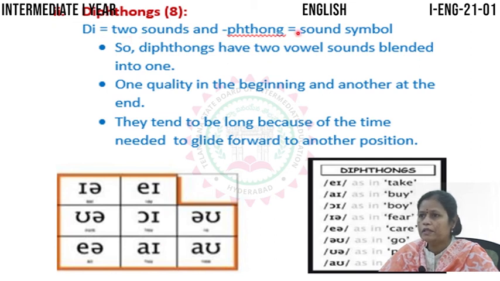Here thong means sound symbol. So diphthongs have two vowel sounds, two monovowel sounds blended into one, shown as one.